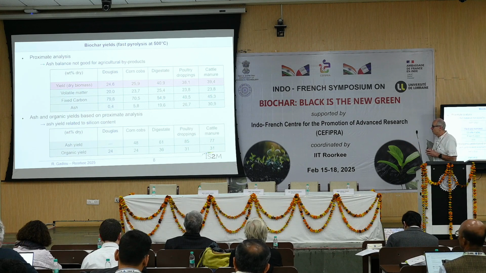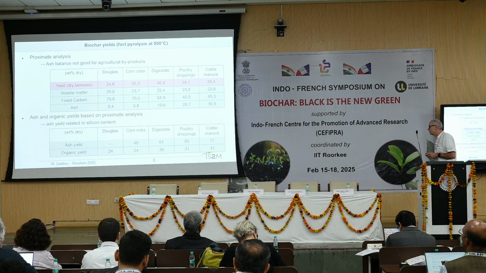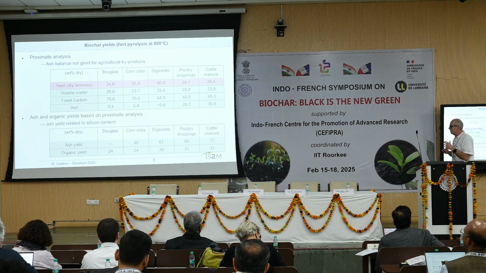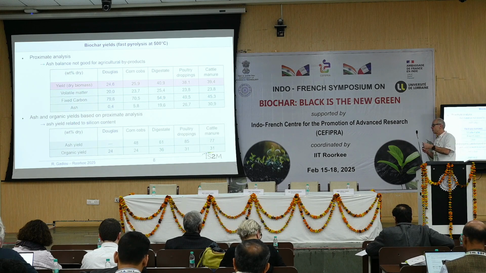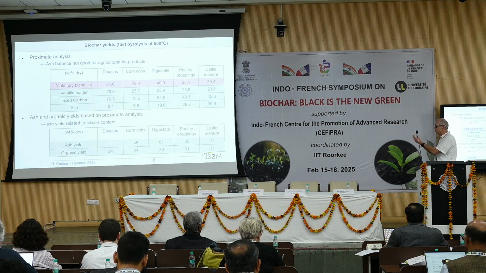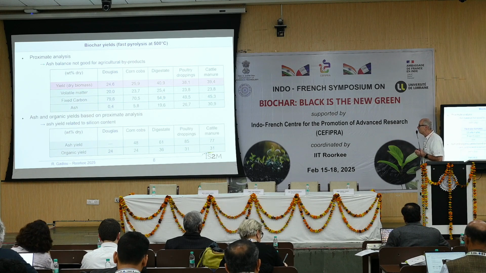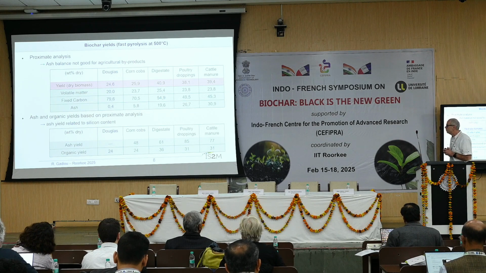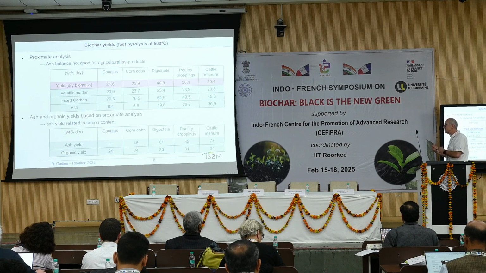For example, here you have for corn crops, for Douglas fir it's too low, so it's not possible to analyze it, but for corn crops, nearly 50% of the pristine mineral matter is converted to ashes in the biochar. It's much more important for digestate, and again, up to 80% for poultry dropping and cattle manure. This is of importance for all mass balance, and it should be related to the analysis.